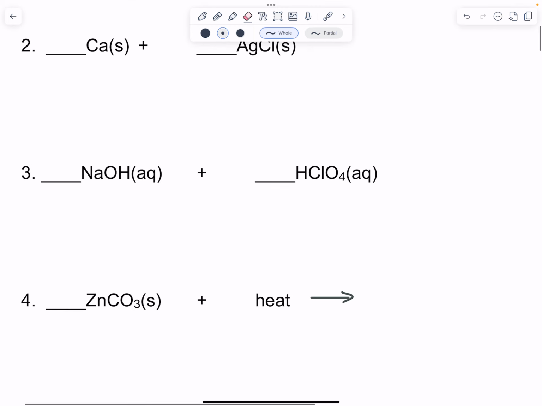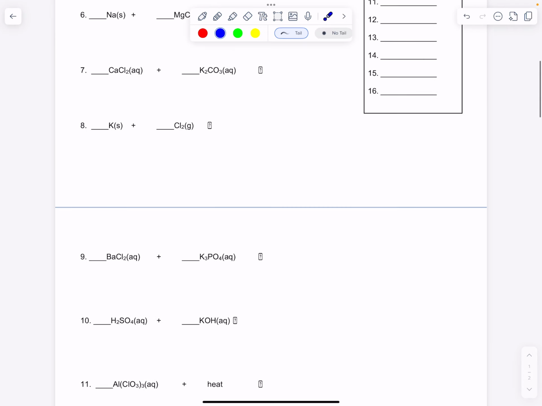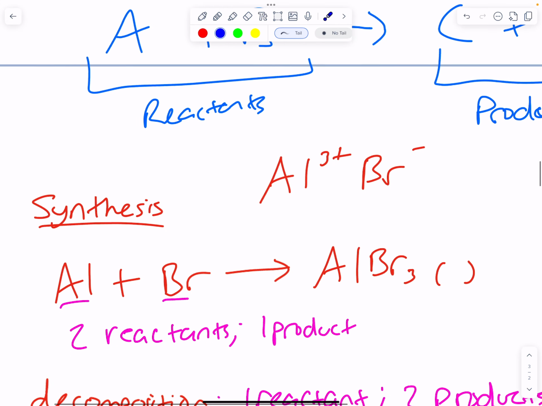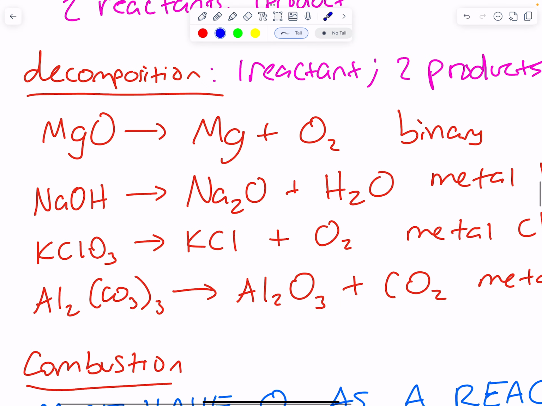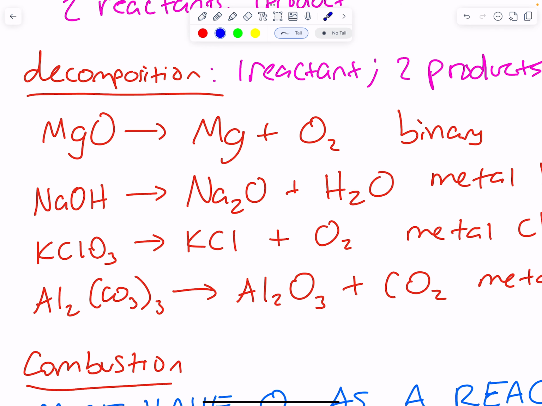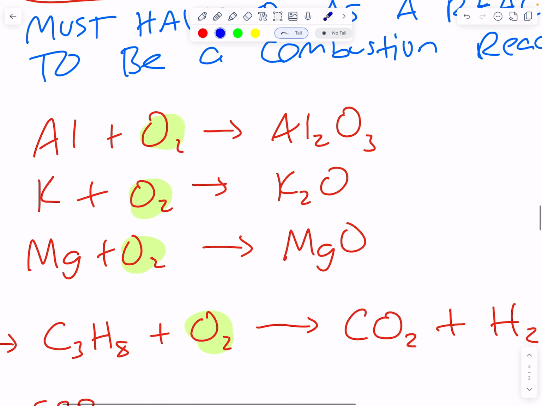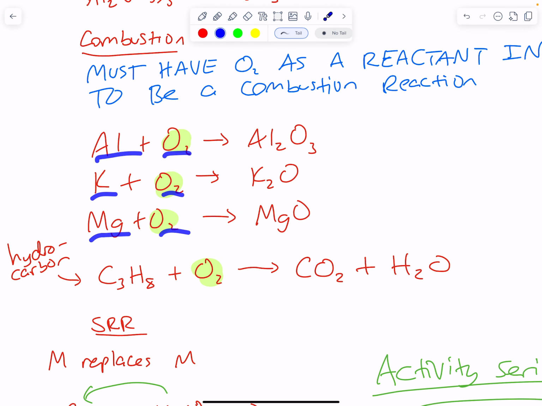Okay, number 3. I have 2 full ionic compounds here. Do synthesis reactions have 2 full ionic compounds? No. Do decomposition reactions have 2 full ionic compounds as reactants? No, they only have 1 reactant. Do combustion reactions have 2 full ionic compounds as reactants?